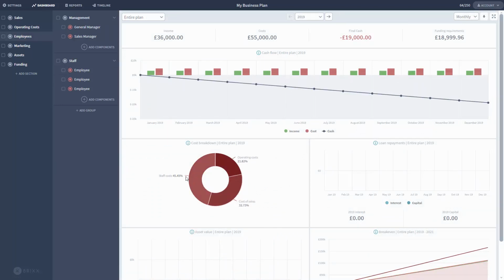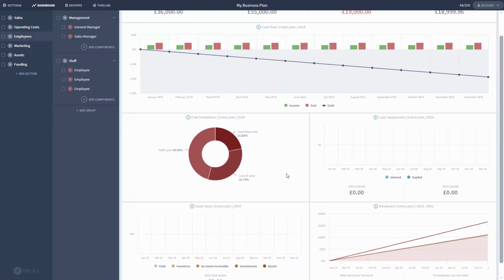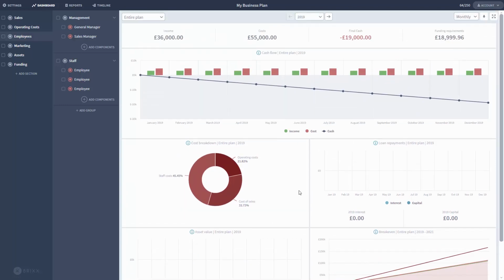There we go. So we've got your staff costs reflected here as well, and that's just quite useful to see what costs are contributing the most in your business. Staff costs is often one of the biggest, so it's quite useful.